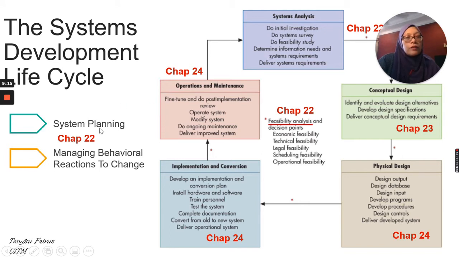So do not be confused, because sometimes the author's view is different, but the content is the same. You can still refer to other references that say system planning is the first phase, not system analysis. It is not wrong. But for the purpose of AIS 655, since we use Romney, we maintain this SDLC, these 5 phases involved in the SDLC.